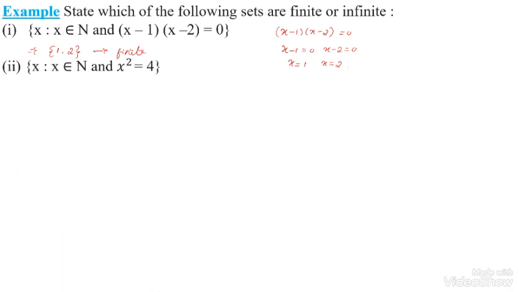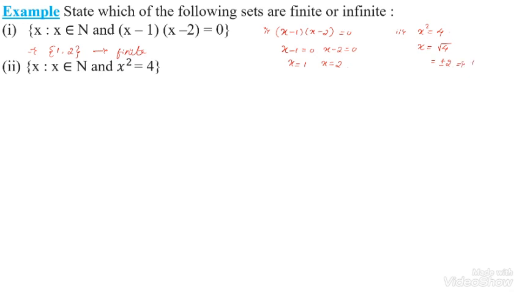Now, let us move on to the next one. {x such that x belongs to N and x square is equal to 4}. Here I can solve the second one. That is x square is equal to 4. Now we want the x value. Taking the square to the right side, it becomes square root. So we get plus or minus 2.